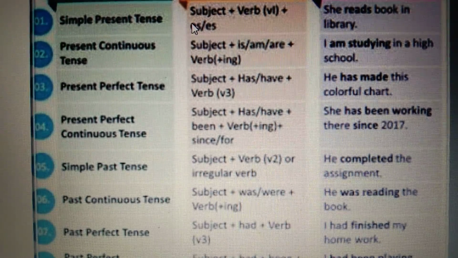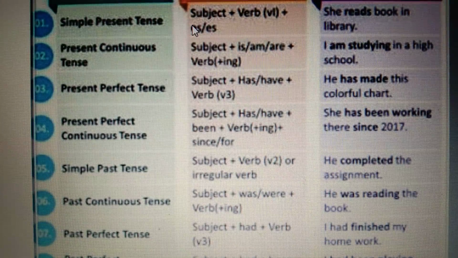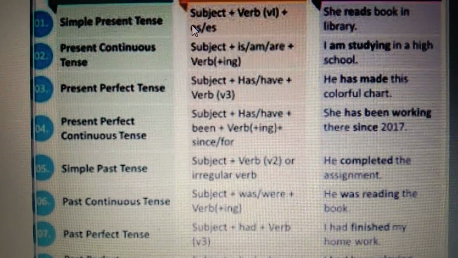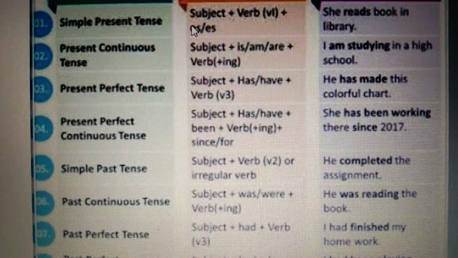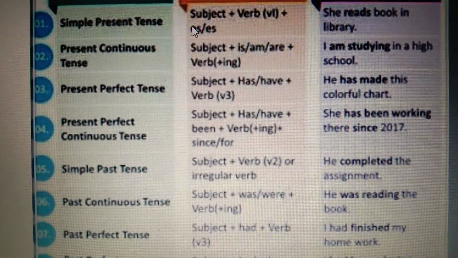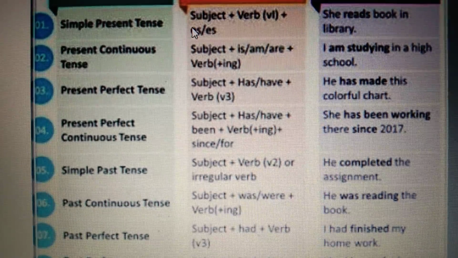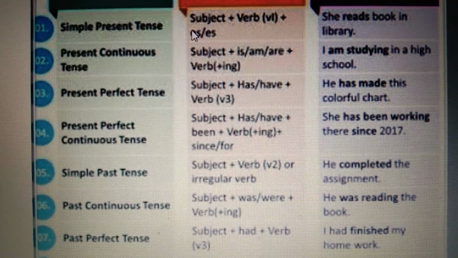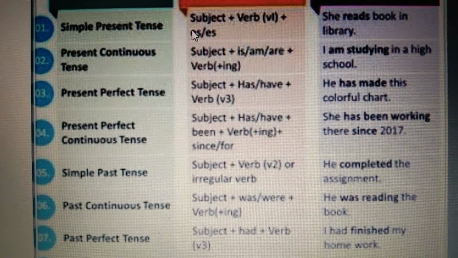Next is present perfect continuous tense. Present perfect continuous tense is used for an action that started in the past but has not finished yet. It is still going on.